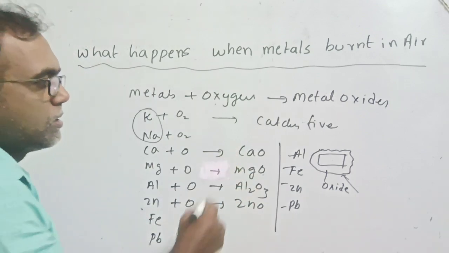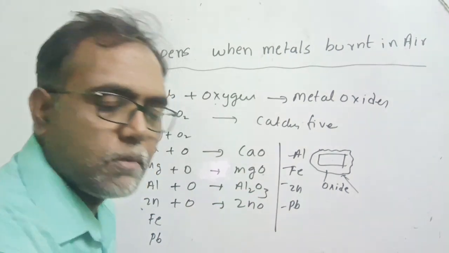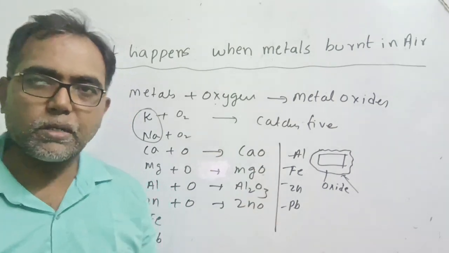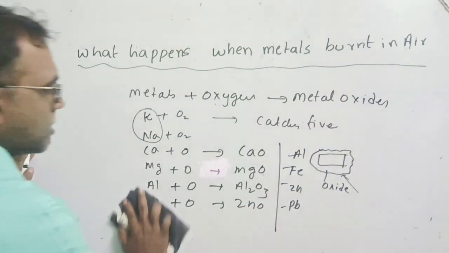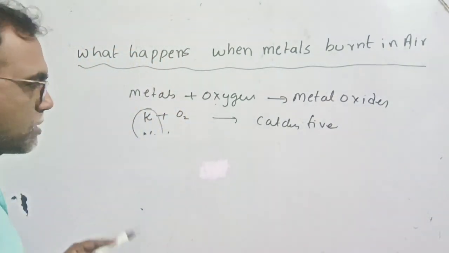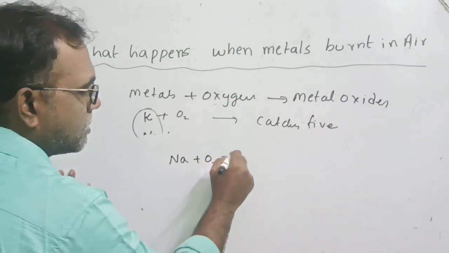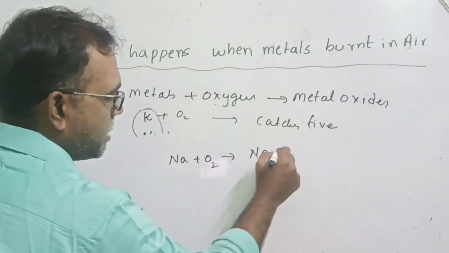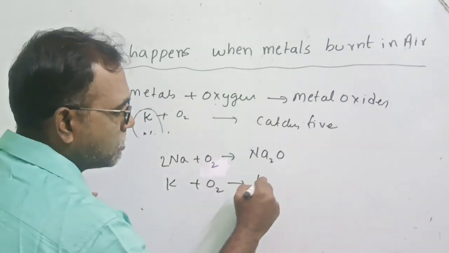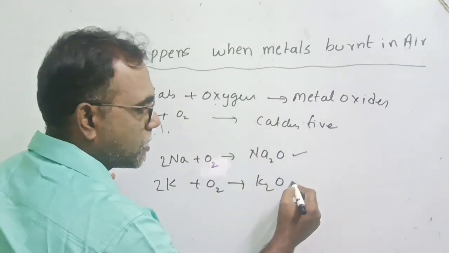Generally, metal oxides are not soluble in water, but a very few metal oxides are soluble in water. What are those? Sodium oxide and potassium oxide.